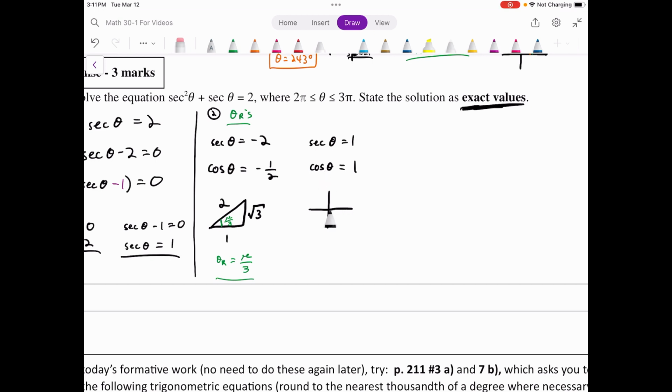Cosine is adjacent over hypotenuse, x over r. So if adjacent over hypotenuse or x over r is equivalent to 1, that just means x is the same as r, right? Or adjacent is the same as hypotenuse. So that happens at an angle of 0 radians, 0 degrees, whatever you want to call it.